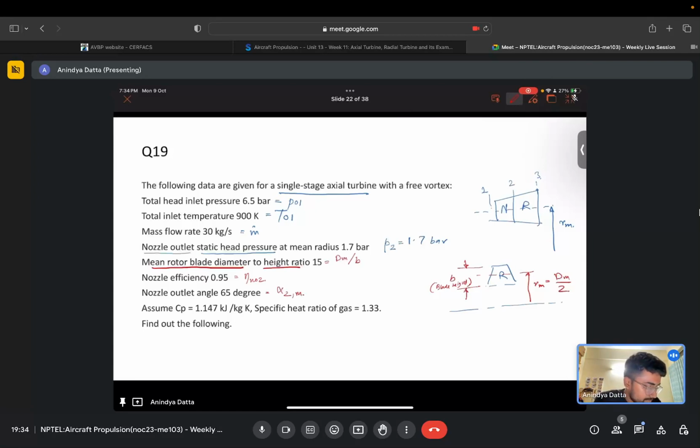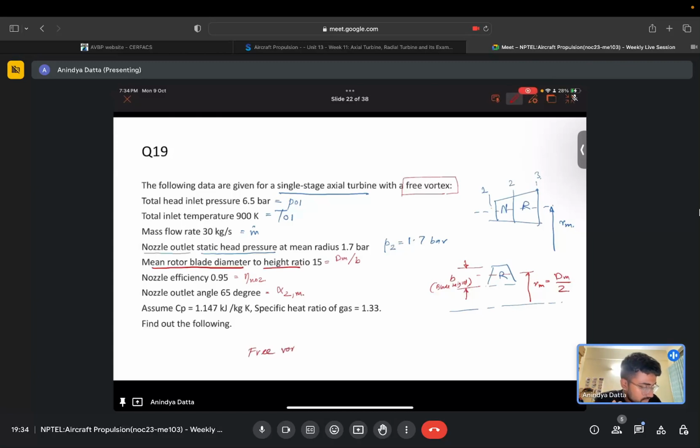So this will be equal to alpha 2, and I am writing m here because this is at the mean radius. Okay, and we have Cp as 1147 joule per kg Kelvin, and specific heat ratio is 1.3, because remember we are in the turbine, dealing with the hot product gases, so you use the Cp and gamma values corresponding to that. Okay, so this is clear what is given. And this is like free vortex blading.